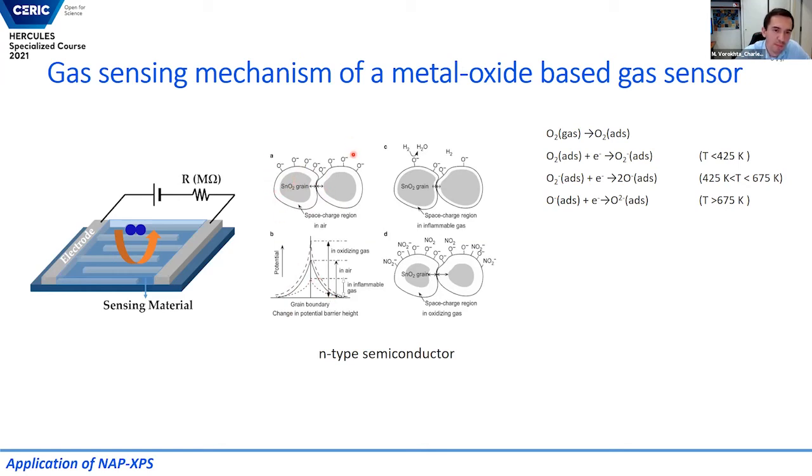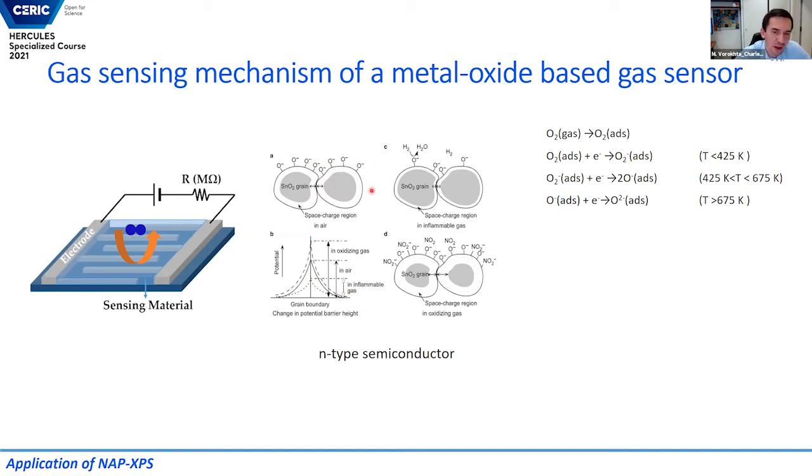So if you apply potential to such a layer, the electrons would move from one side to another. However, on the way, at the contacts of different particles, there would be a kind of barrier. The higher this depletion region or space charge region, the region which contains positive charge because electrons are removed, the higher the barrier.